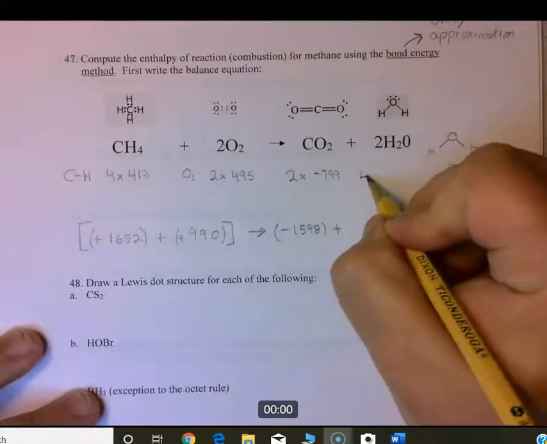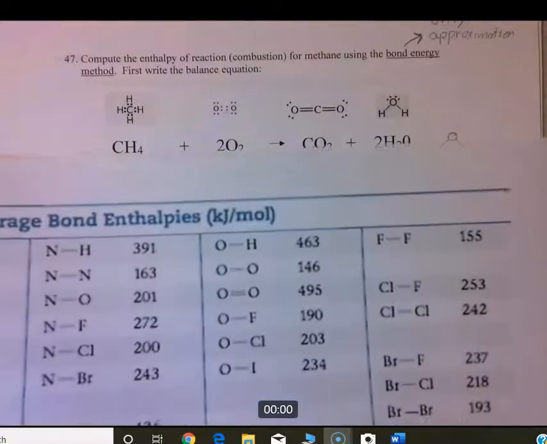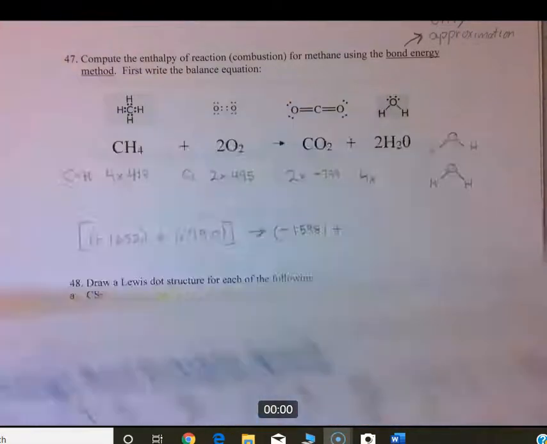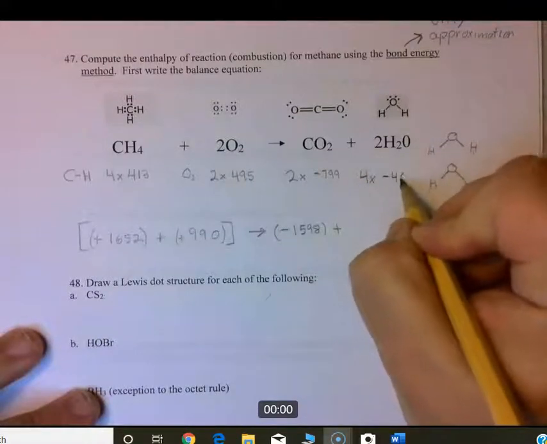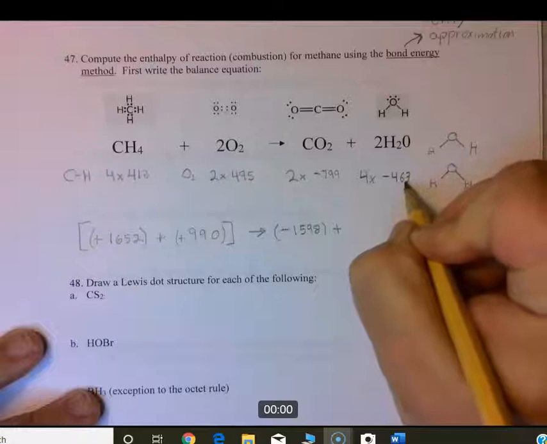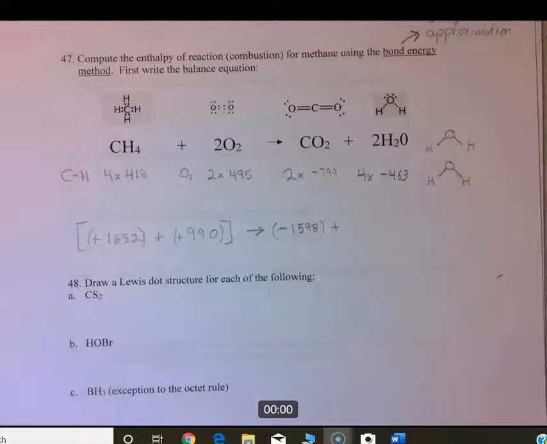So that's going to be 4 times, and an OH single bond was 463. It's a negative 463 because energy is coming out. And when you multiply those, you get 1852.